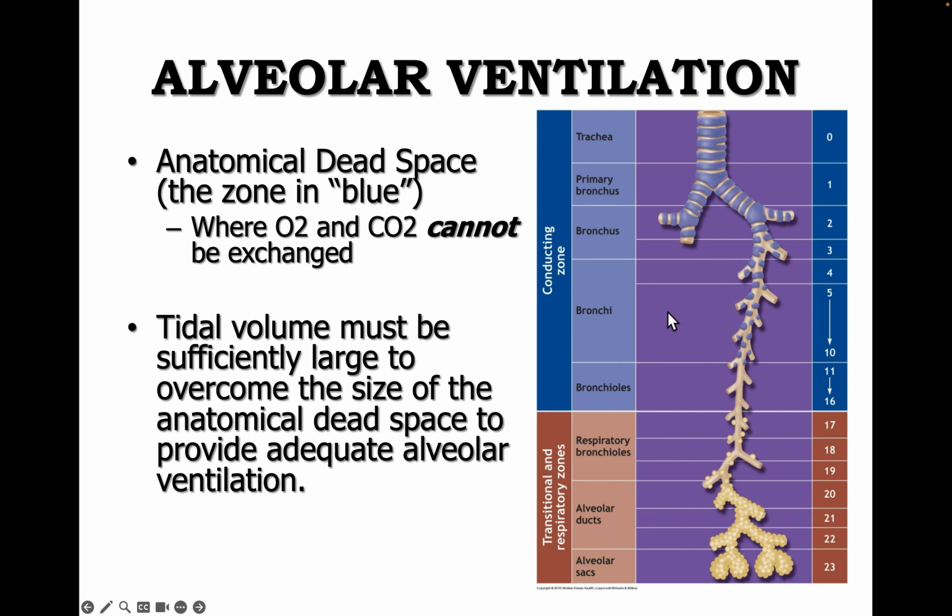But in this anatomical dead space, oxygen and carbon dioxide cannot be exchanged, meaning we cannot absorb oxygen in this anatomical dead space, and we cannot get rid of carbon dioxide in it. The only place where we can exchange oxygen and carbon dioxide is in our alveoli.